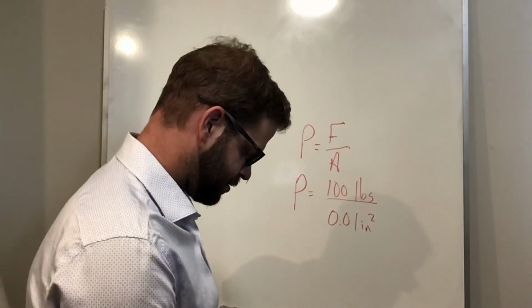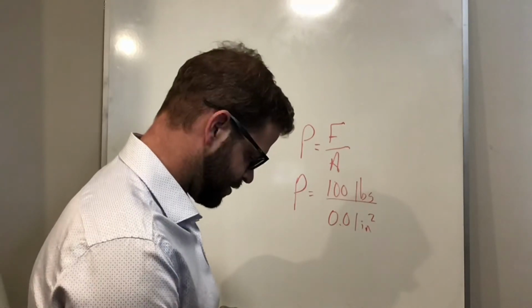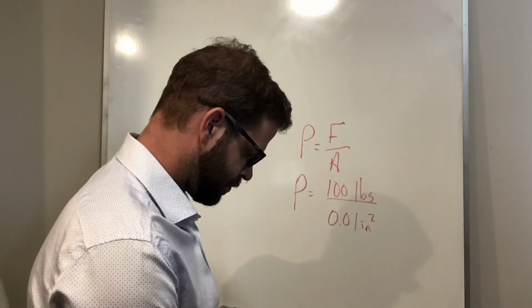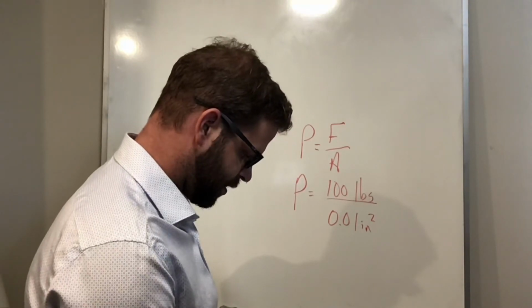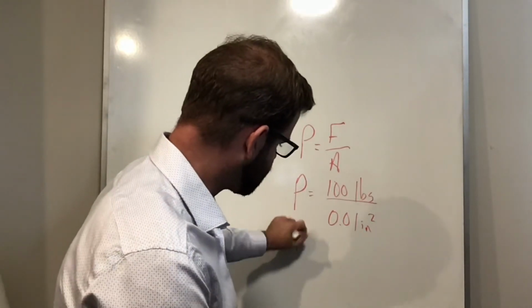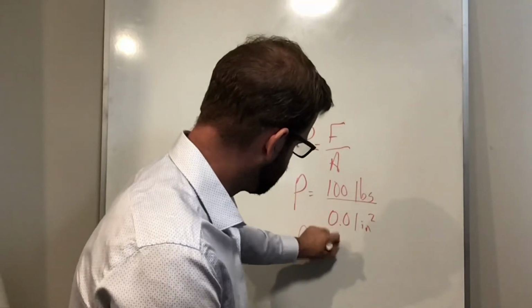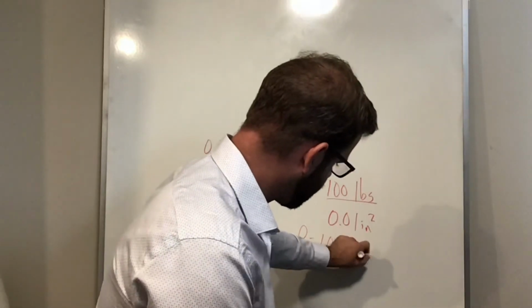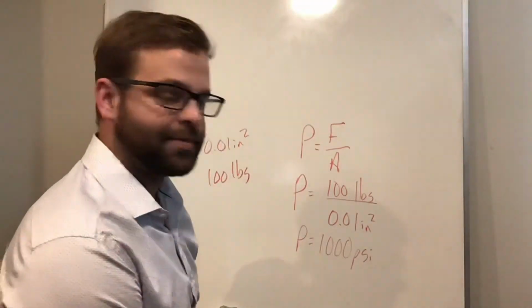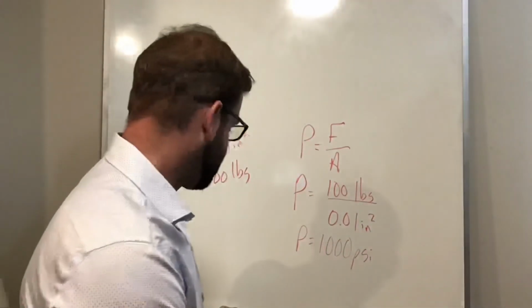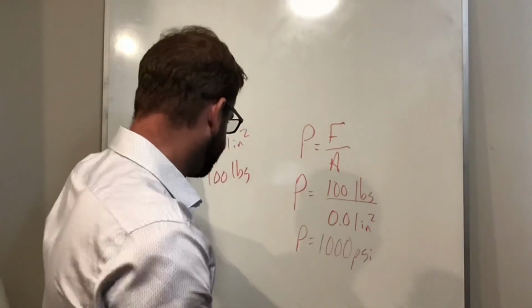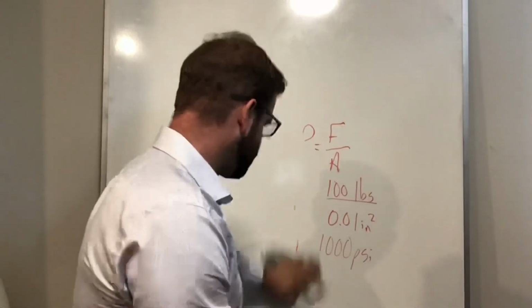So I think it should make it out to be 10,000. 100 divided by 0.01. Yeah, so 10,000 pounds per square inch on Johnny's bottom when he goes to sit on the tack. So that would definitely not feel well at all. Alright, I'm just going to do one more here.